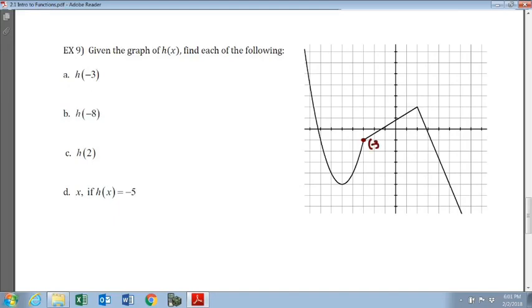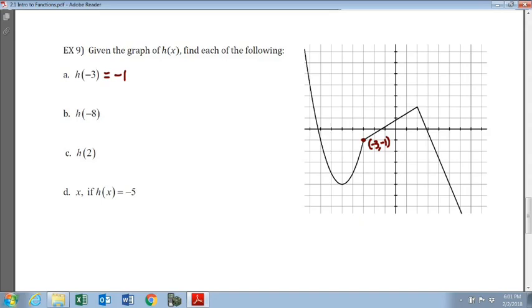That point has the x value negative 3 and the corresponding y value of negative 1, which tells me h of negative 3 is negative 1. Another way to say this is when x is negative 3, which happens right here, the height of the graph is down 1. That's another way to think of the same thing.